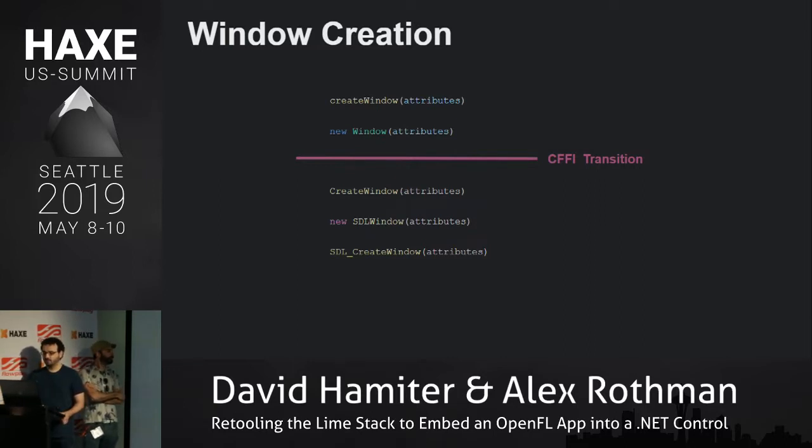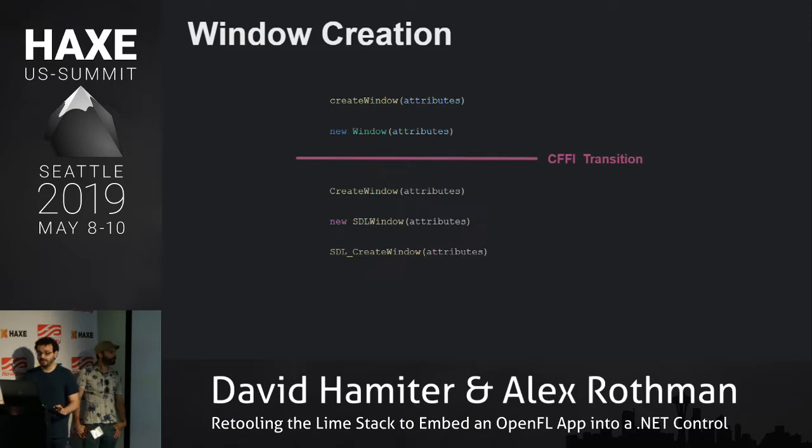we have another create window passing a bunch of attributes, which resolves to essentially another constructor for an SDL window in the native target, of course. And then we get to the SDL big worker. This one does the heavy lifting here.